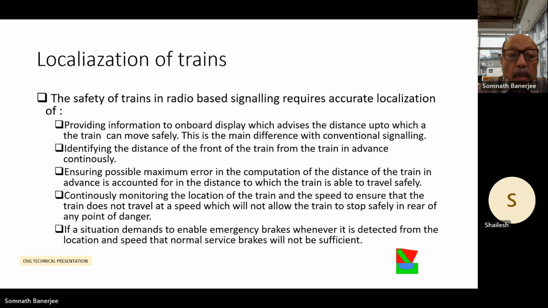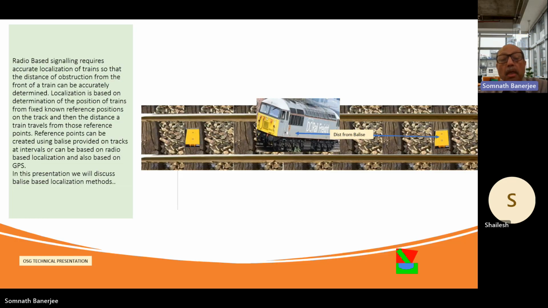Now, as we have just discussed, the safety of trains in radio-based signaling requires accurate localization, providing accurate information on distances to the onboard display. Now, how do we ensure this? This is ensured by providing some fixed reference points along the track. One of the most common ways of doing it in the radio-based signaling system is by provision of equipment called balises.